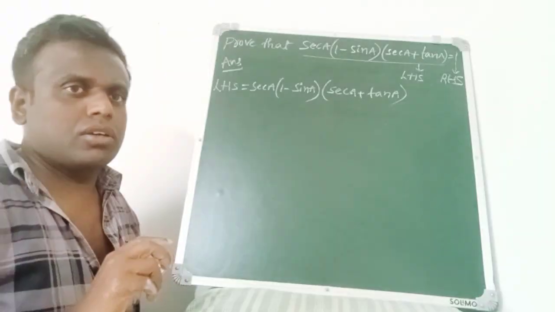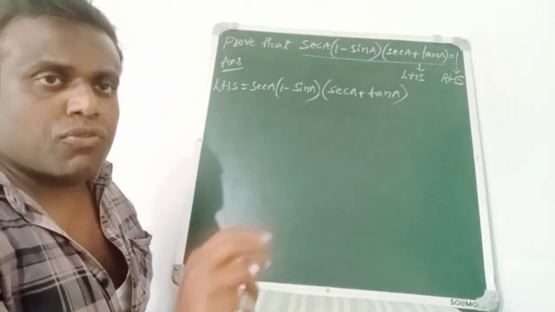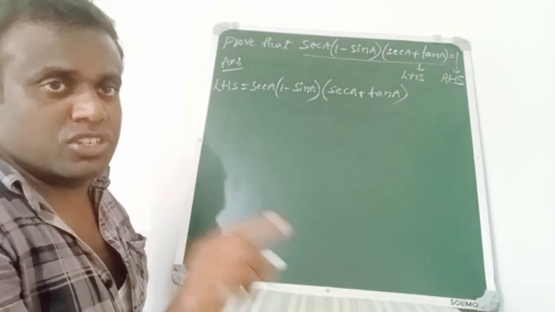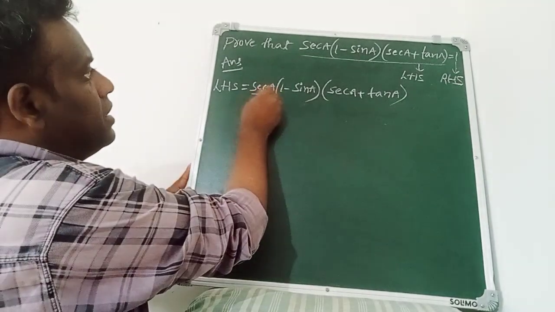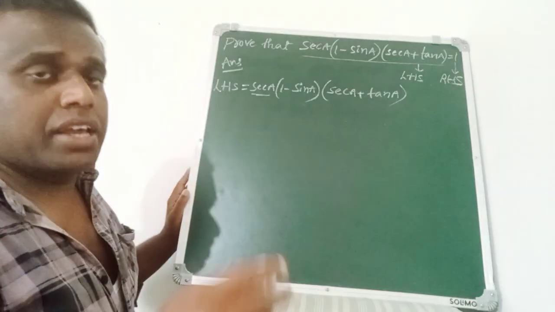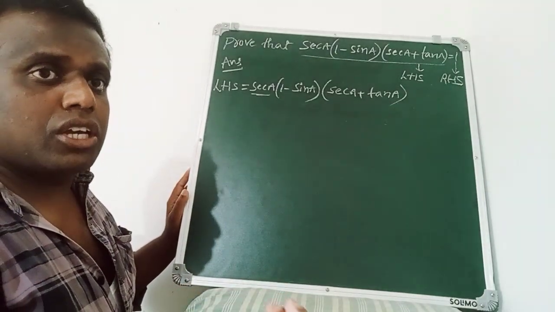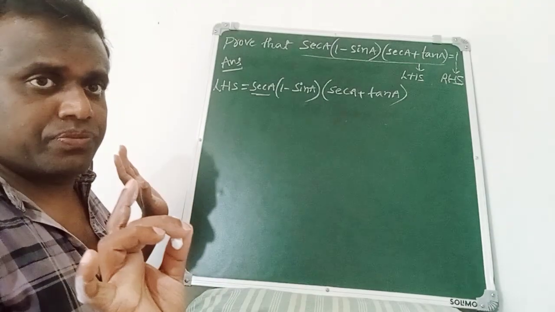When everything is in the form of sin and cos, the simplification will become easier. So first I will convert the secant A into sin and cos form, either sin or cos, or if we have both sin and cos, that is also fine.